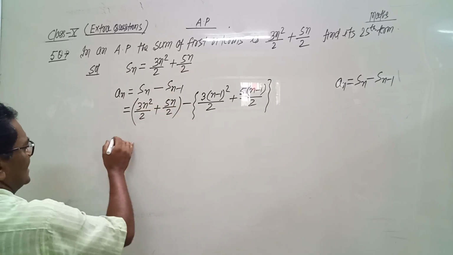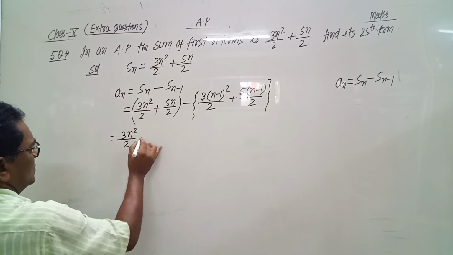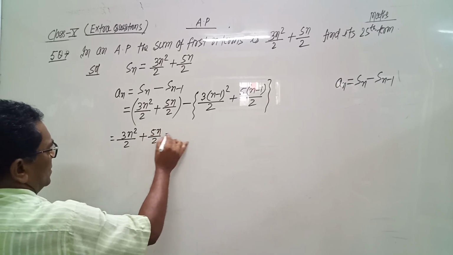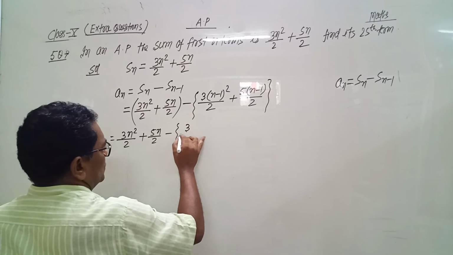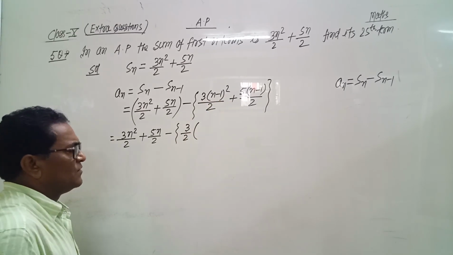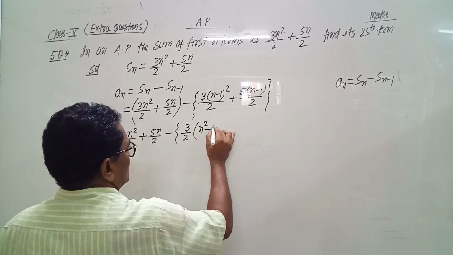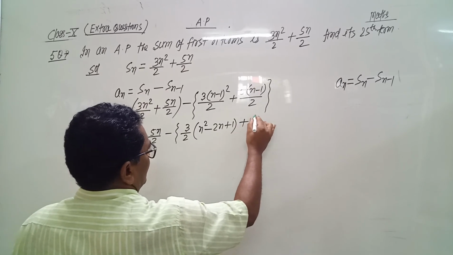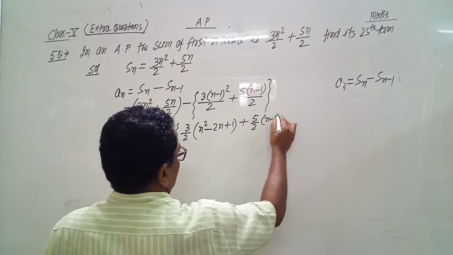Then we solve this expression. So 3n square by 2 plus 5n by 2 minus 3 by 2 taken outside. This will be expanded in the form (a minus b) the whole square. So n square minus 2n plus 1, plus 5 by 2 (n minus 1).